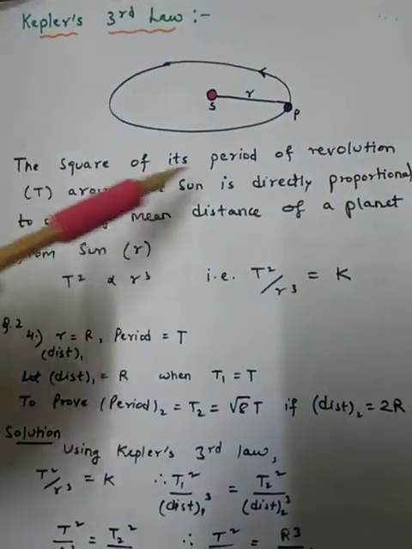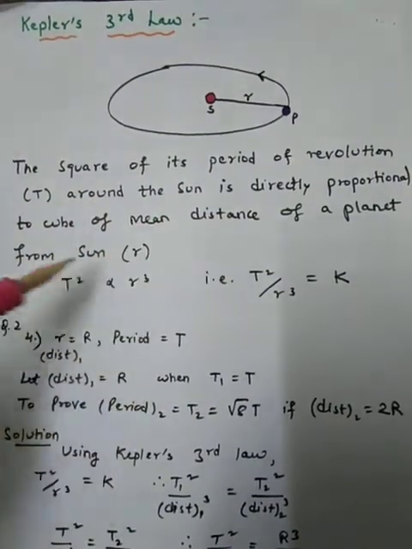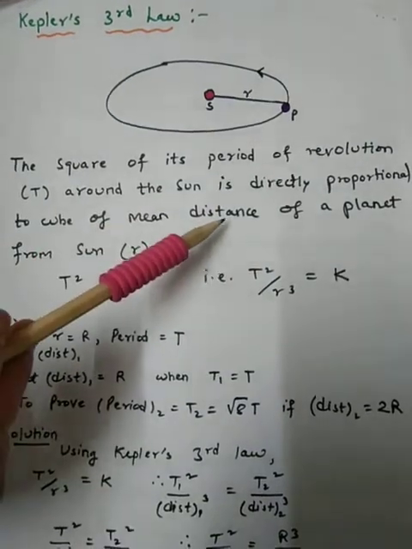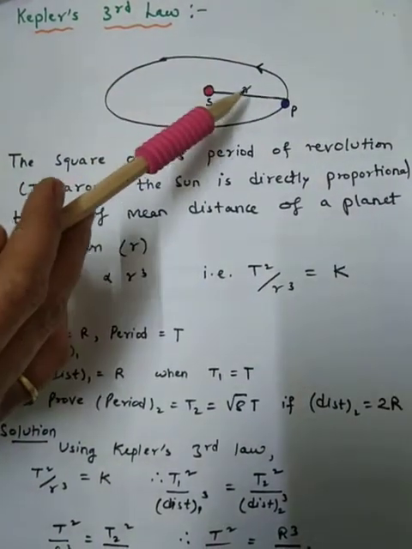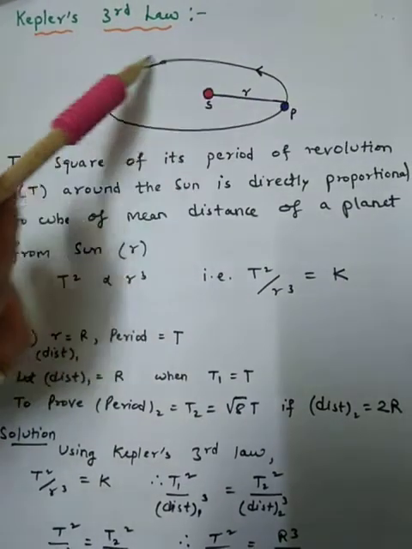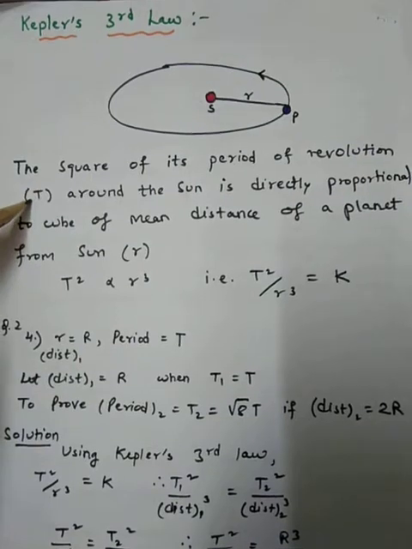So the square of the period of revolution around the sun is directly proportional to the cube of the mean distance of the planet from the sun. The mean distance of the planet from the sun was taken as r, and the time taken to complete one round is t, which is called period of revolution.